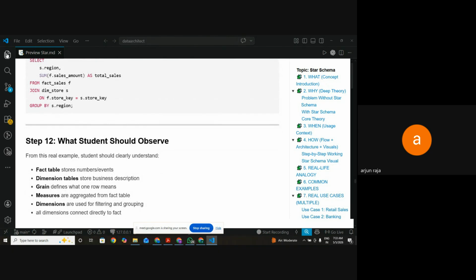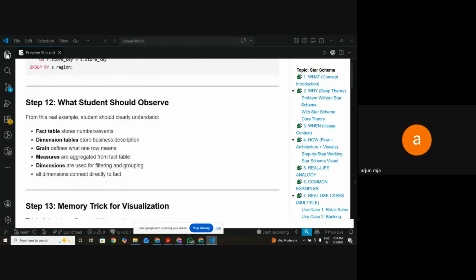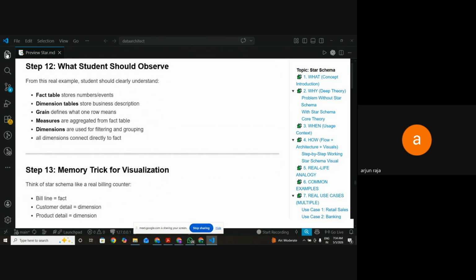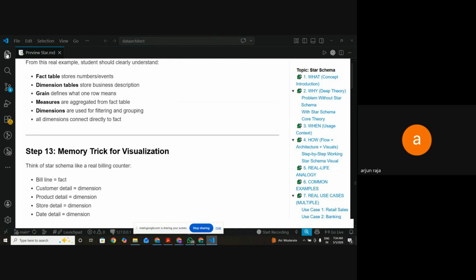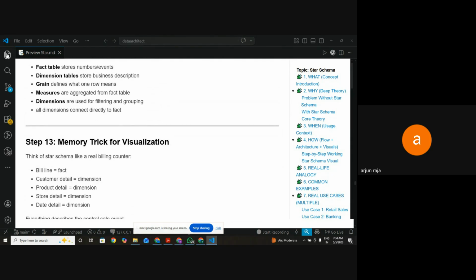What students should observe from this real example: fact table stores numbers and events. Dimension table stores business description. Grain defines what one row means. Measures are aggregated from the fact table. Dimensions are used for filtering and grouping.